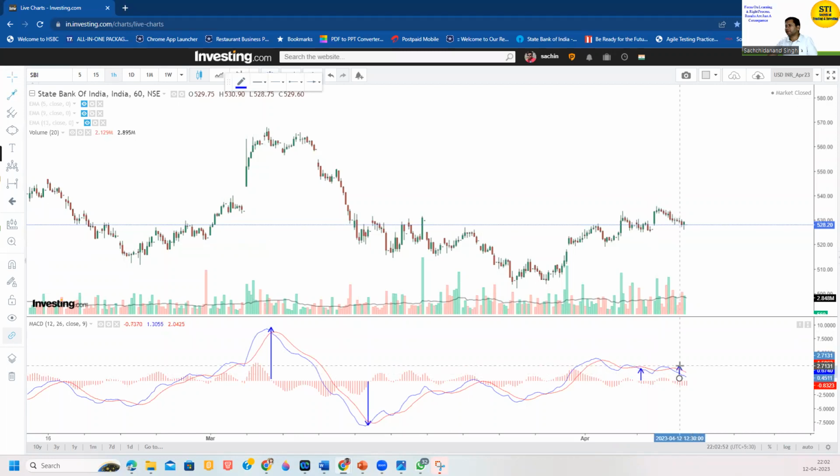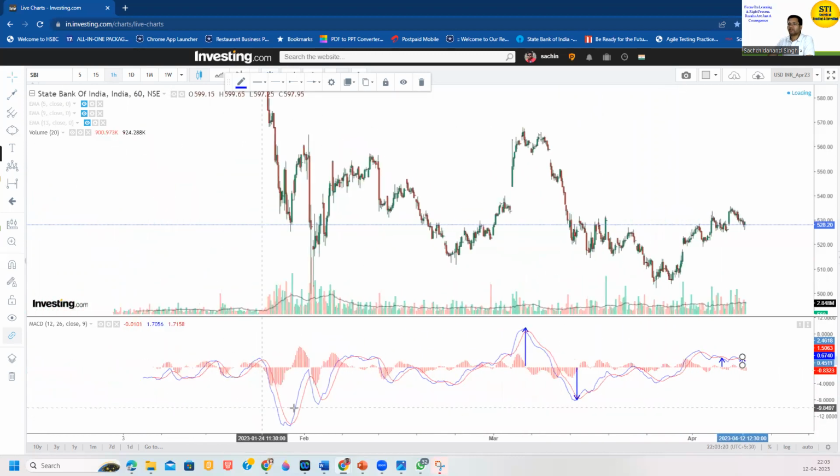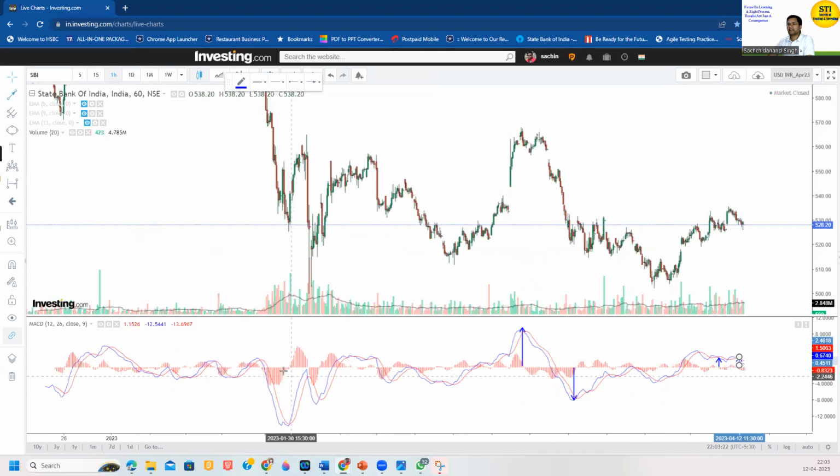So what does this representation tell us based on the MACD indicator? We can say that so far this market is more sideways, because the distance of the MACD and signal line from this horizontal axis is not much. It is coming very close compared to the historical data, where the MACD lines and signal lines are quite far away.